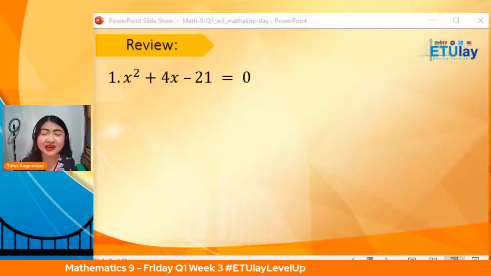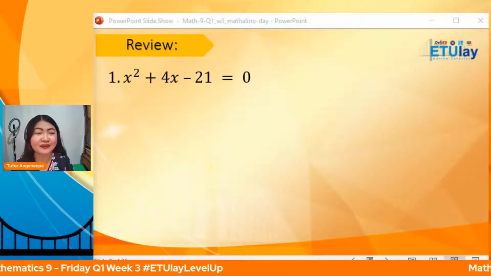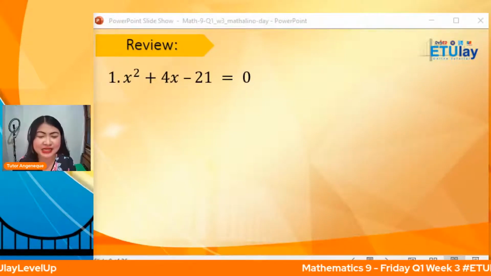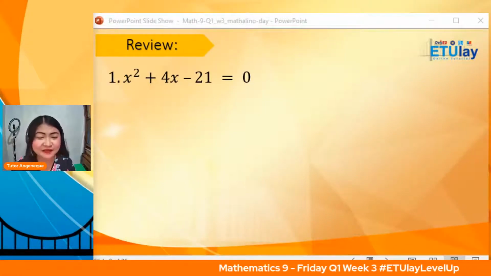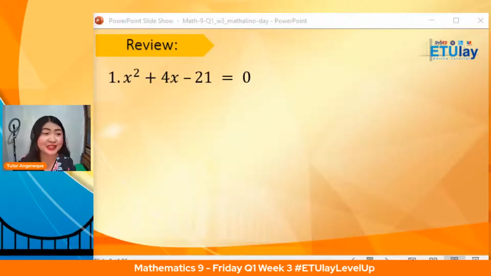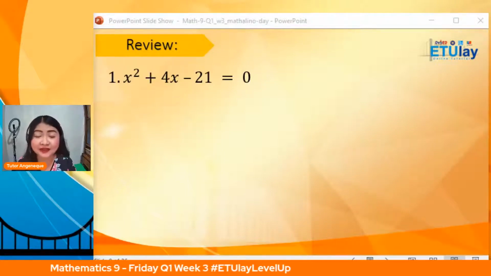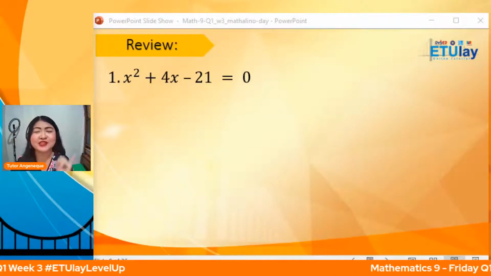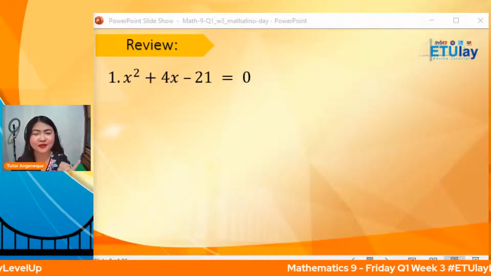Alright, so number 1. While we wait for answers, here is Cristel Felipe. Yes, great job. Quadratic formula. That's one of the 4 ways to solve a quadratic equation. What else?